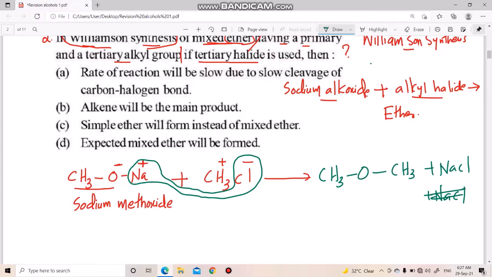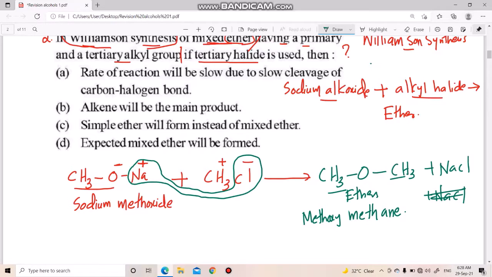CH3OCH3, an organic compound containing an R-O-R bond, is called an ether. What is the name of this ether? Methoxymethane. Okay, this is Williamson synthesis.